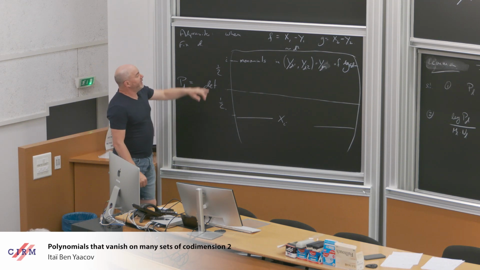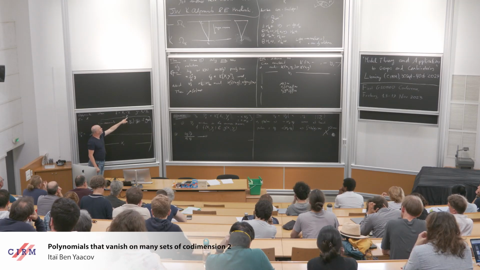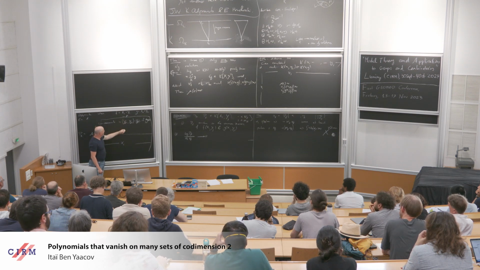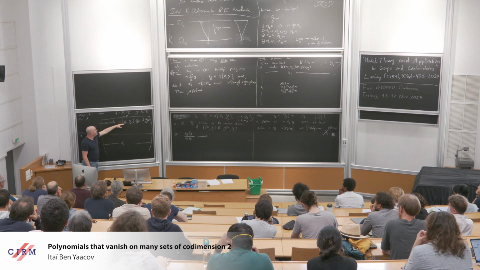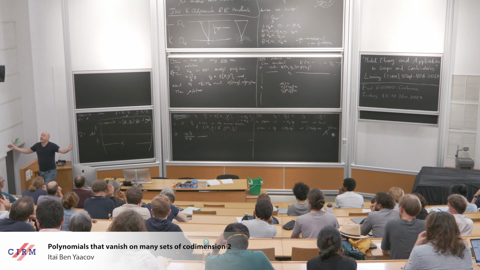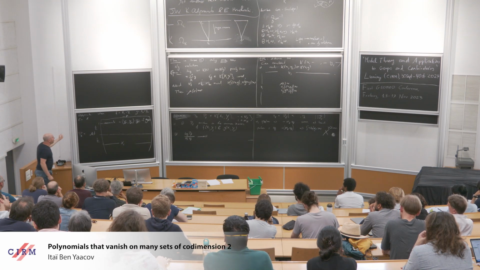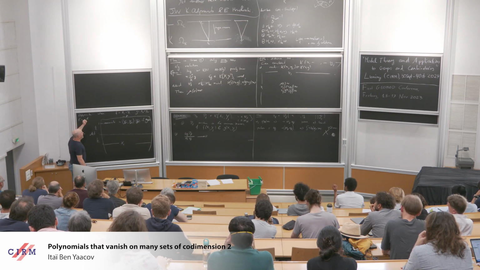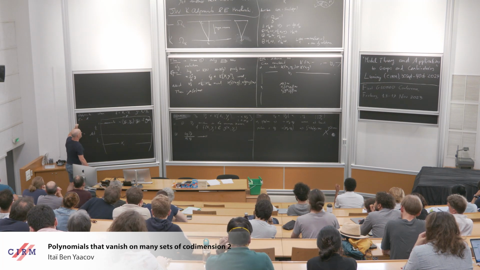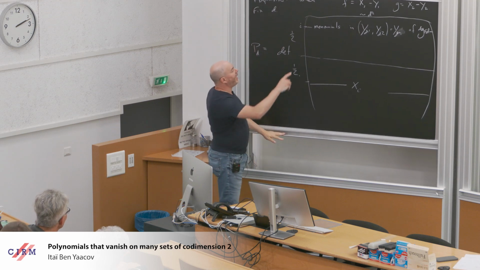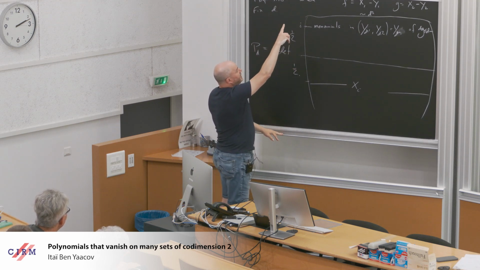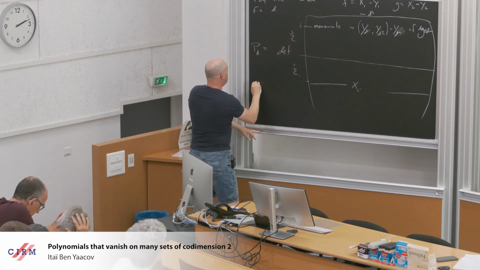First of all, if I have a common zero of these two polynomials in any pair ij, that means that the point x_i and the point y_j are equal, so the two corresponding rows are equal. So the determinant is 0. That's easy. Now let's calculate the degrees.